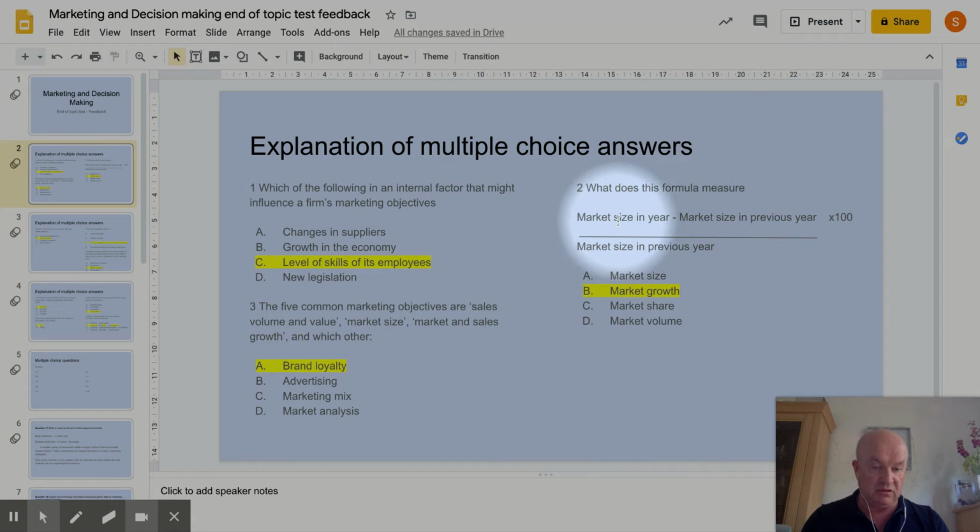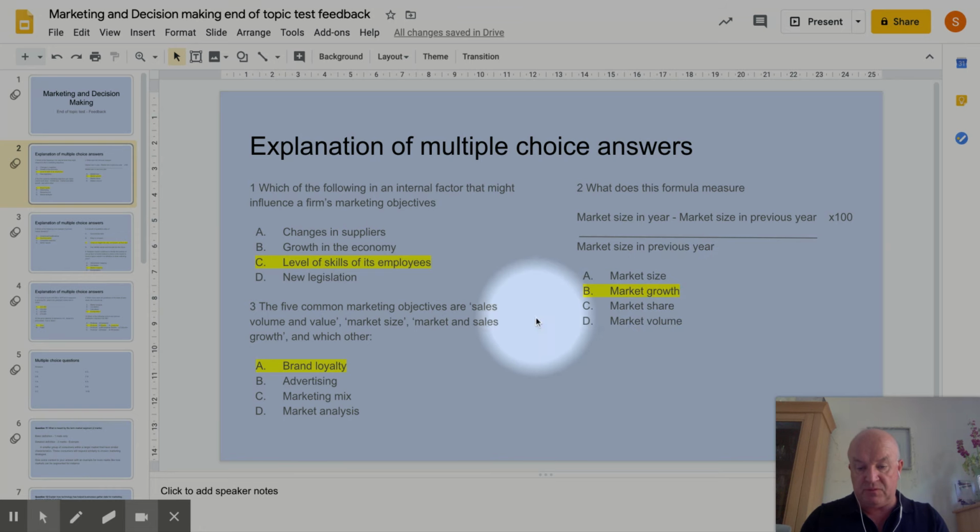It's not going to give us market size, market share, or market volume. It's going to give us B, market growth. The increase in size of the market is what that formula would give you.